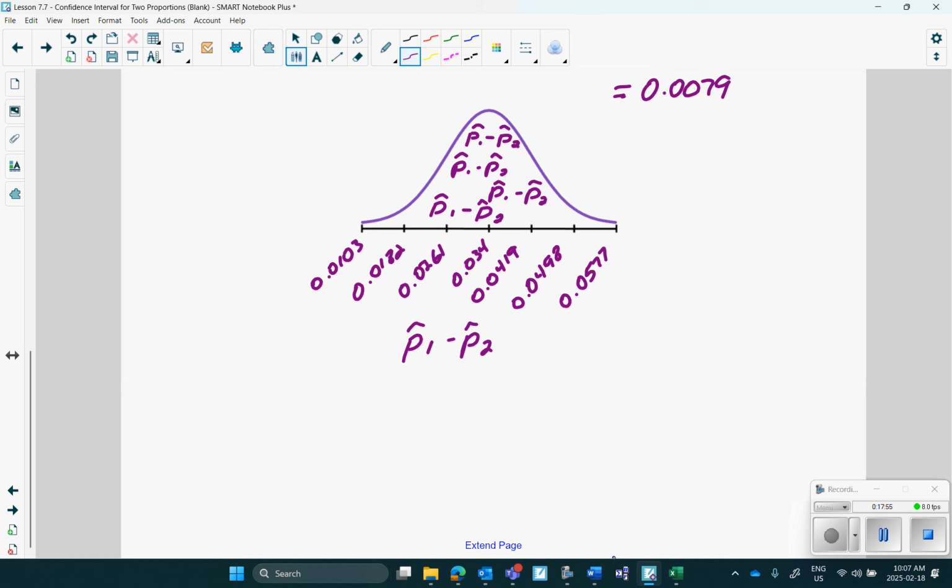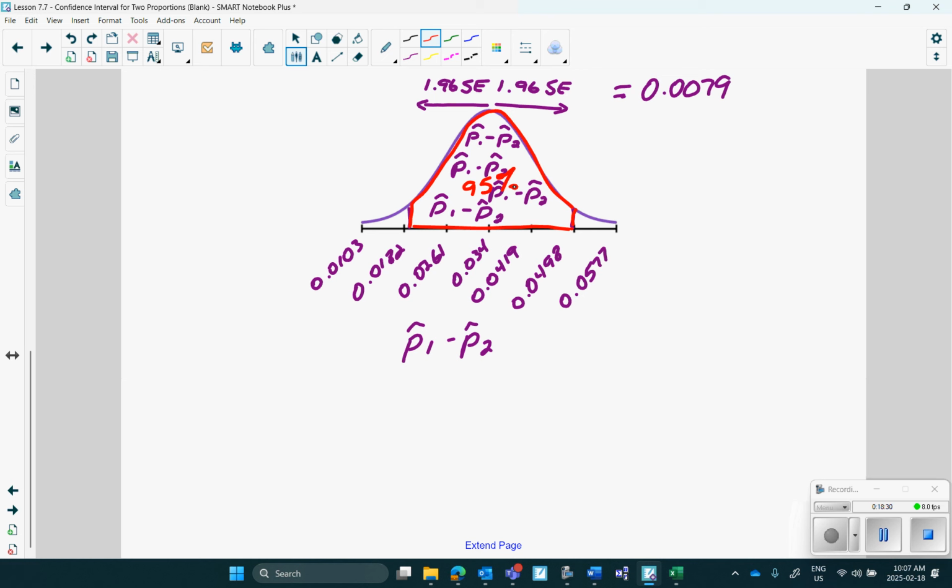We first learned that it was 2, but then we figured out, no, it's actually 1.96. So this is 1.96 standard errors to the right, and this is 1.96 standard errors to the left. And that's going to be if we want to be 95% confident.